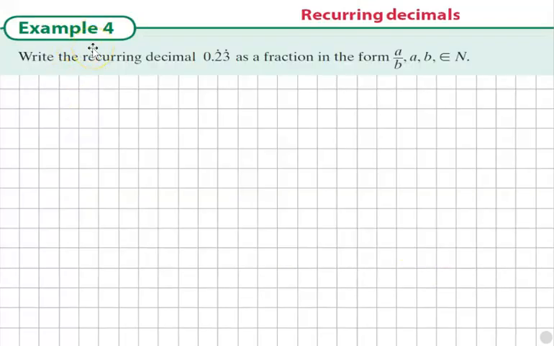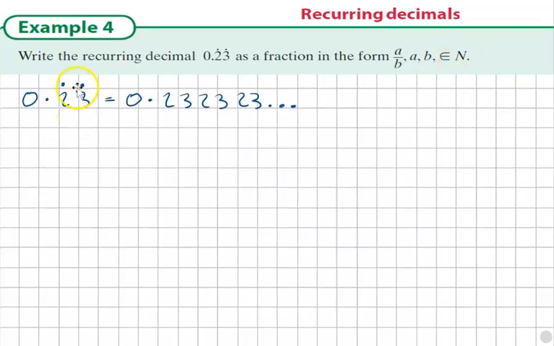So example 4. Write the recurring decimal 0.23 as a fraction in the form of a over b, where a and b are elements of the natural number set. So a and b are positive whole numbers. So 0.23 with dots above the 2 and the 3 can be rewritten as 0.23, 23, 23, dot dot dot on and on forever.